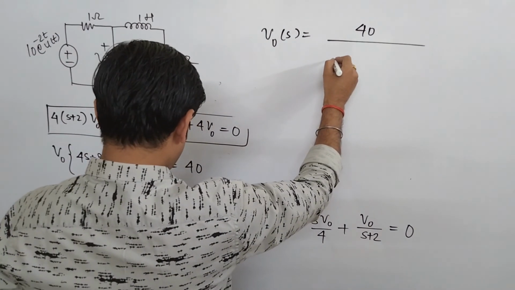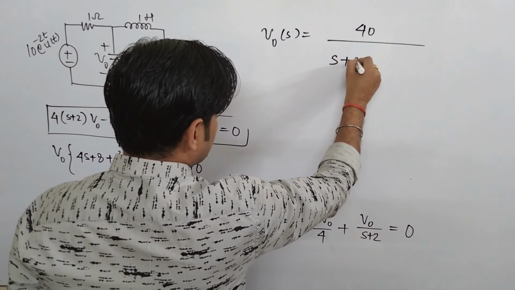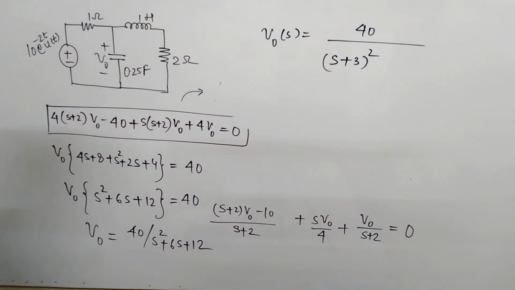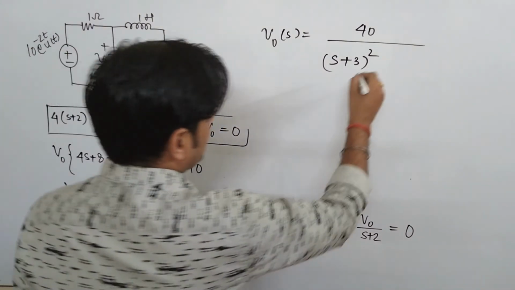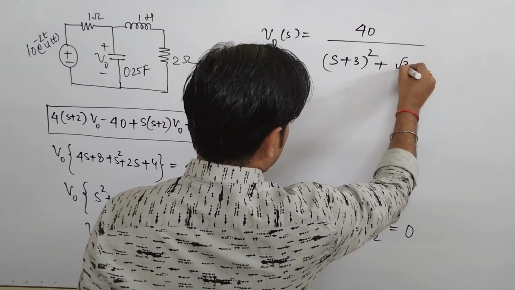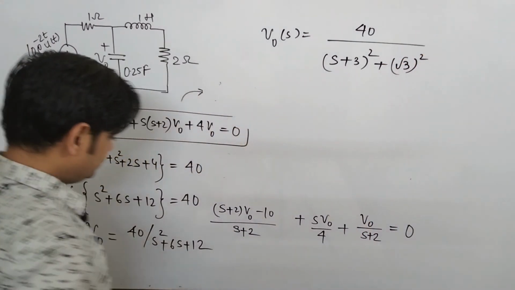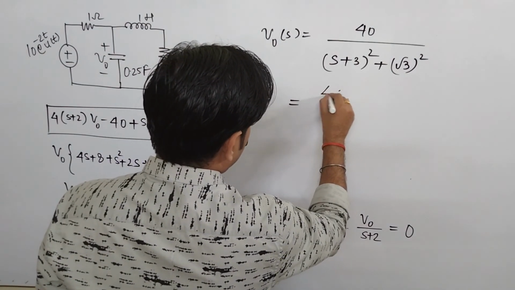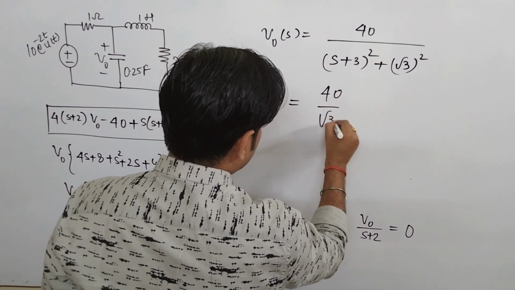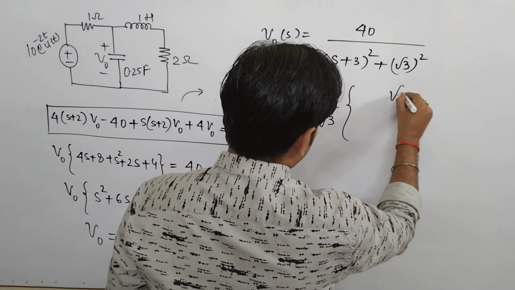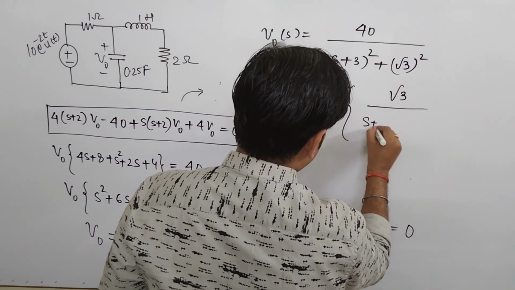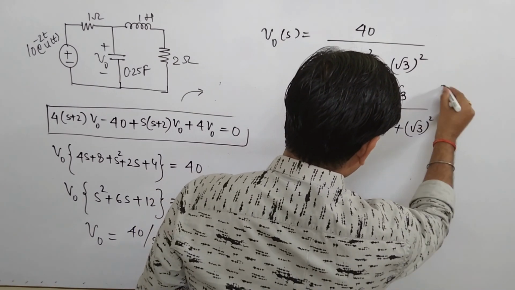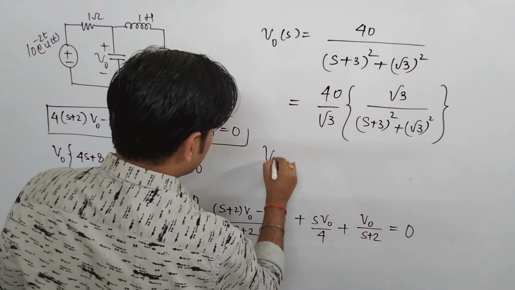I should make it in the form of s plus 3 whole square. So it is s square plus 9 plus 6s, and 9 will come here, so that comes to be root 3 whole square. Should I write in this form? Yes, I have just rearranged it. So that is 40 upon root 3 into root 3 upon s plus 3 whole square plus root 3 whole square. This is just a mathematical rearrangement.